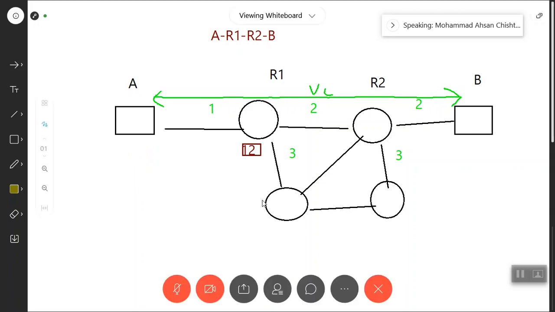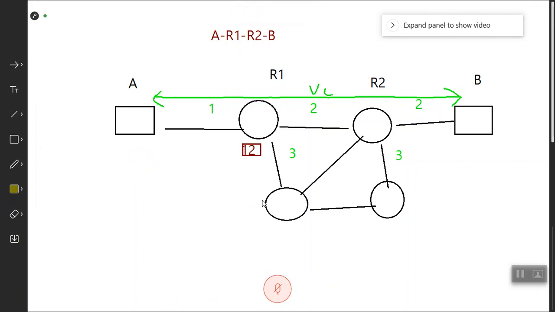Okay, once the packet reaches the R1 router, the packet checks it. It sees that it has 1, 2 given here. As per its VC translation table within the router, it removes this 1, 2 and puts a new entry.